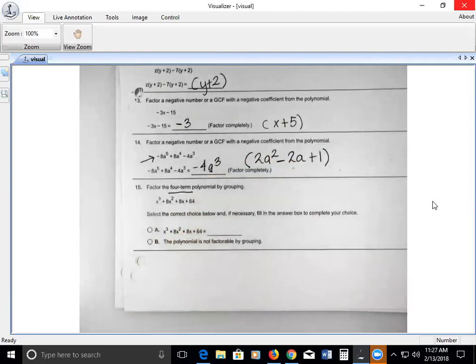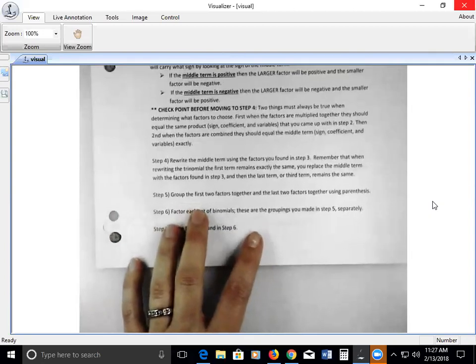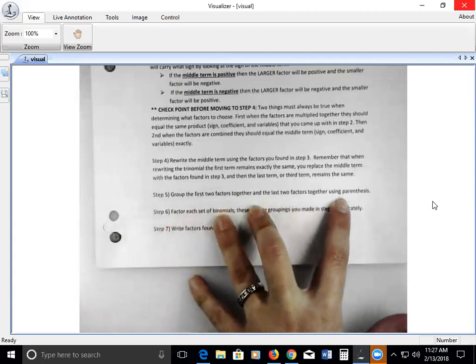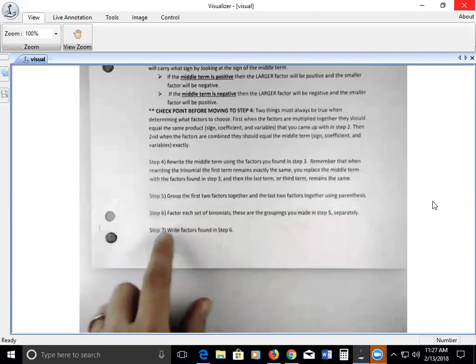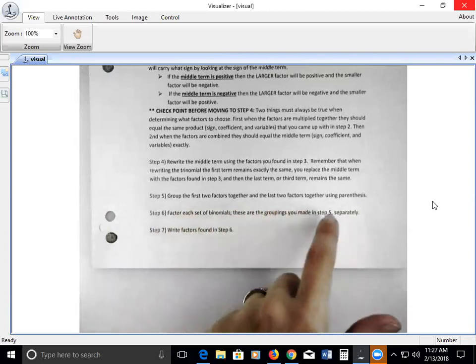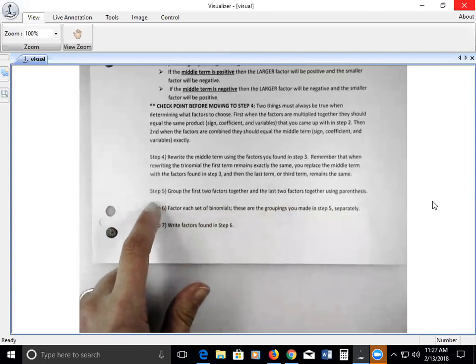Notice in your steps, so we have our steps over here, step 5 says group the first two factors together and the last two factors together using parentheses. And then step 6 says factor each set of binomials. These are the groupings you made in step 5. Step 5 is going to be groupings where 4 terms are present.